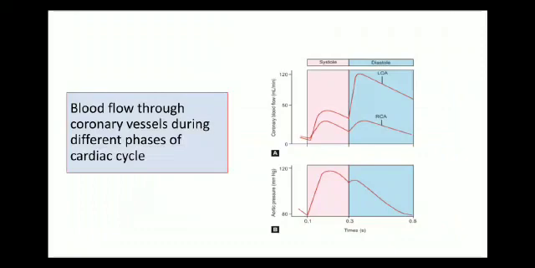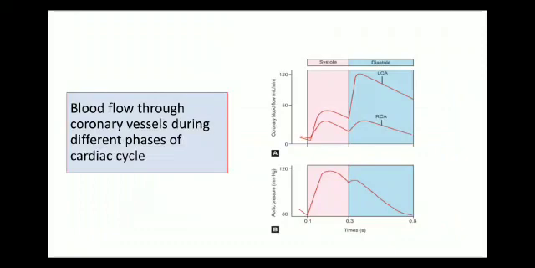And what happens in the diastole phase? The cardiac muscle relaxes during diastole, so blood can flow easily. Now just look at this diagram, systole and diastole. During ventricular systole, coronary blood flow in RCA and LCA is less as compared to diastole, because in systole the blood vessels are getting compressed.